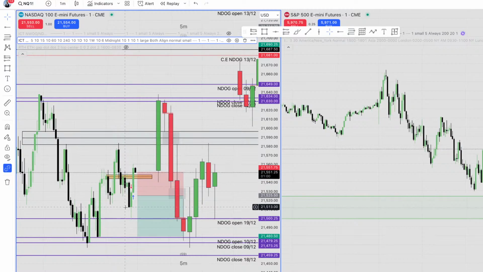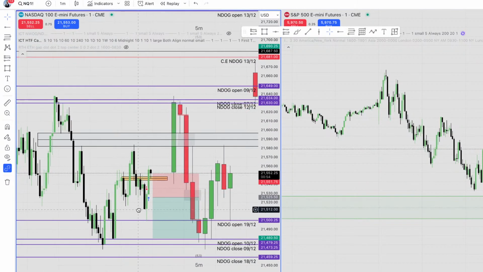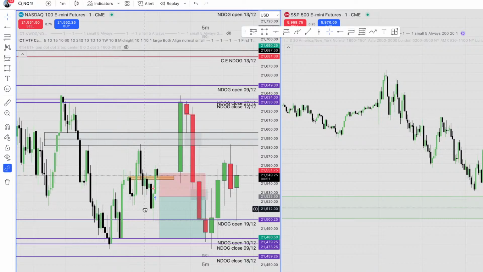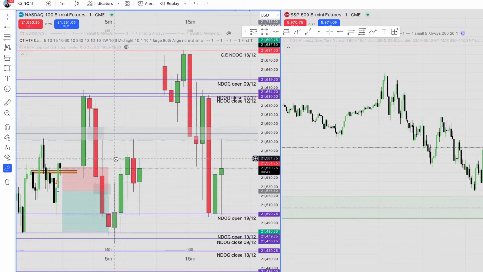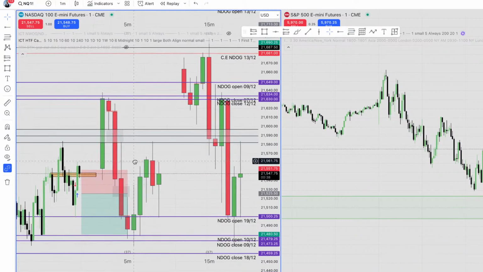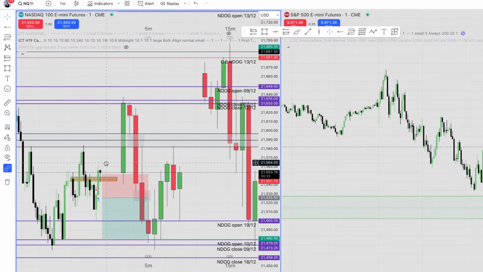I'm still confident it's going to go low. Here again, I entered without an SMT, but I was confident it's going to go low.